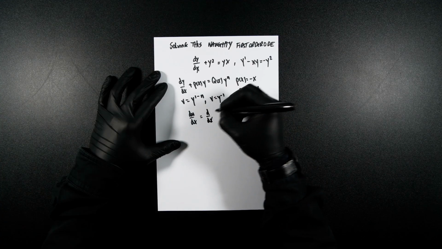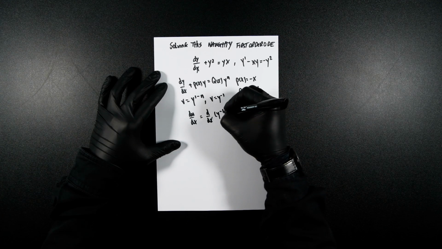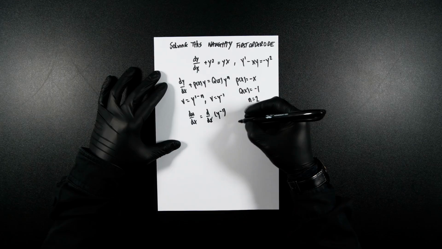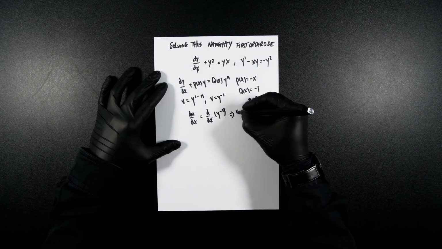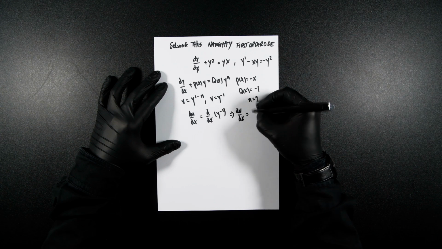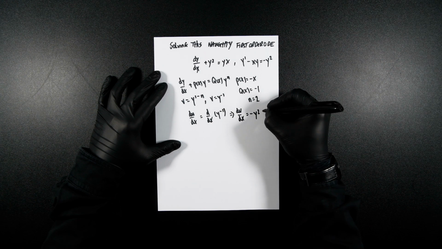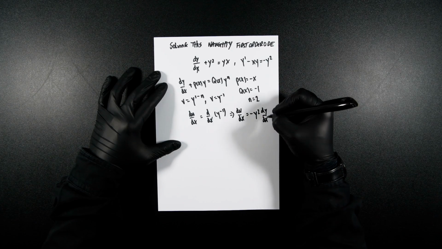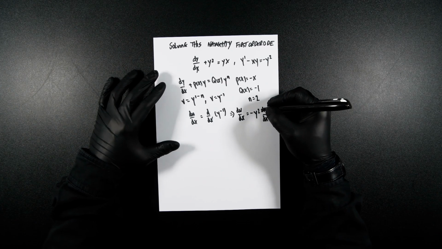So you're going to have d over dx of y to the minus 1. Therefore, using the power rule and chain rule, you're going to get dv/dx, which will equal minus y squared dy/dx.